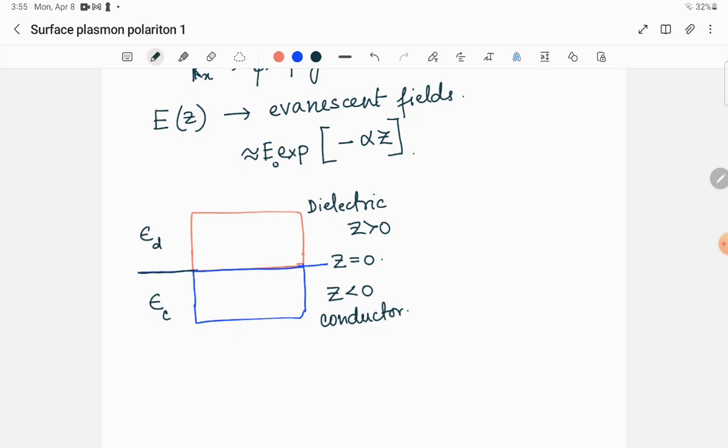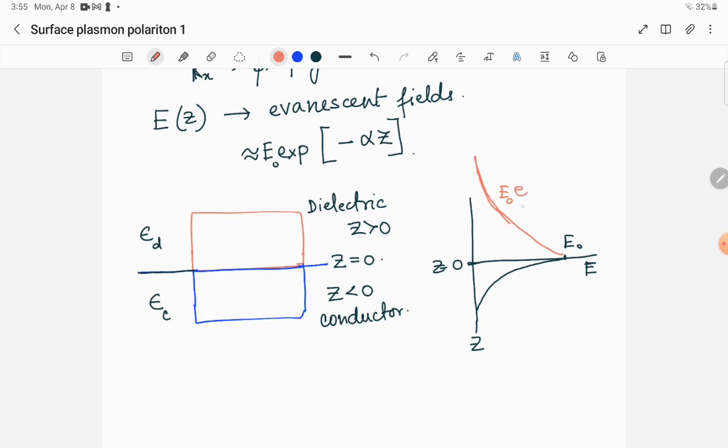Now if I plot this function, I have the z-axis, this is z equal to 0, and in this direction is the electric field magnitude. At z equal to 0 let's say the field is some E naught, and it will decay exponentially within the metal and also decay exponentially within the dielectric, but both will have a different decay constant.